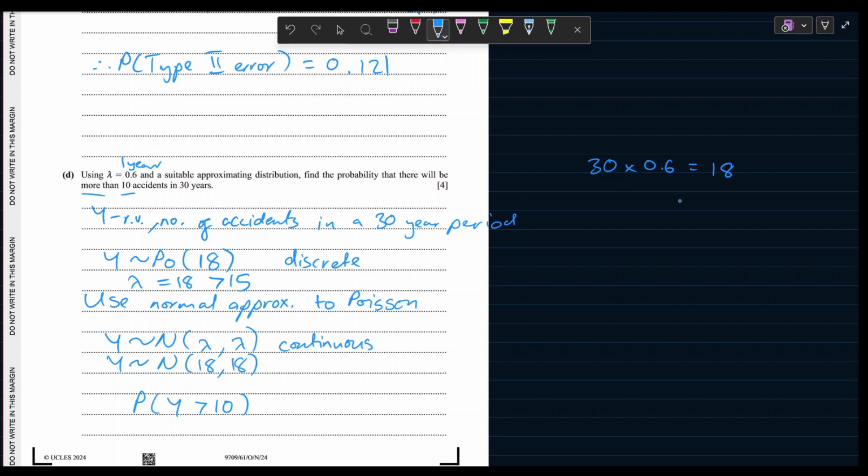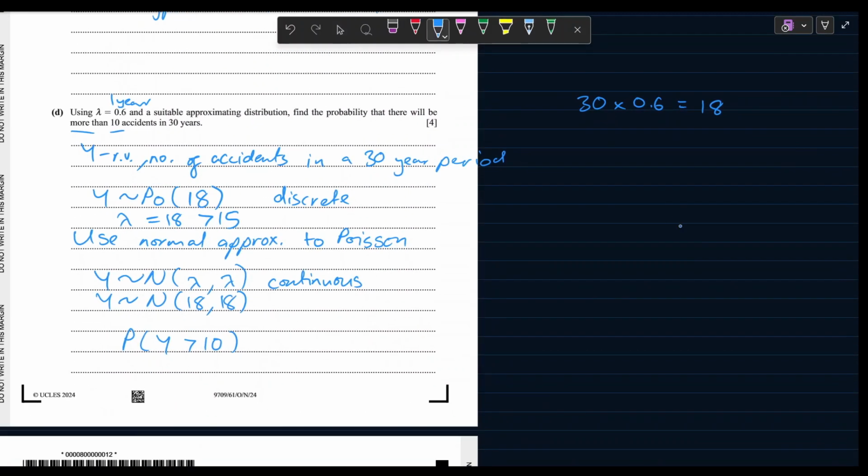So we have to apply continuity correction. So if we're taking greater than 10, under a continuous distribution, 10 represents any value from 9.5 all the way up to 10.5. So if we're taking greater than 10, we don't want to include 10, so it means it's going to be greater than the upper bound. So greater than 10.5. So this becomes the probability that y is greater than 10.5.